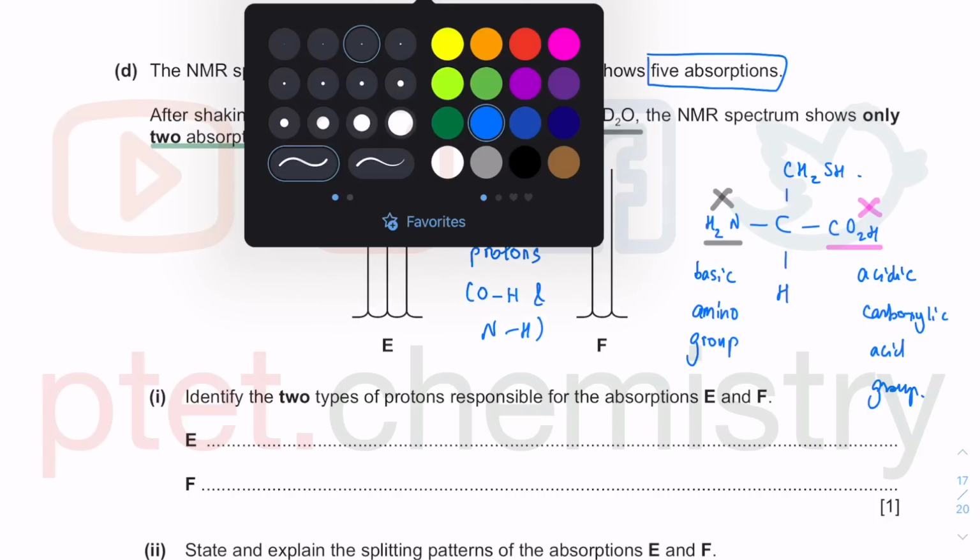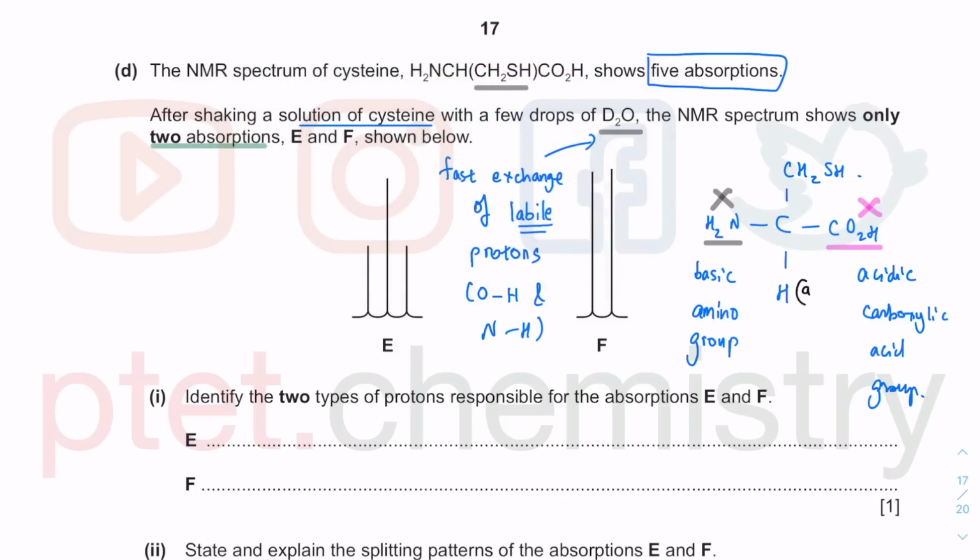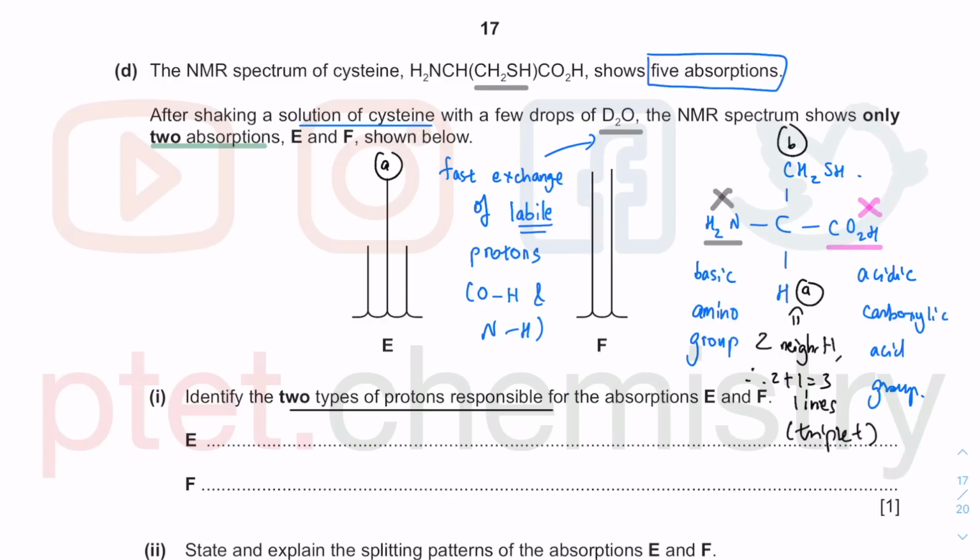If I have this, let's say, A and B, if I am at A, I will have 2 neighboring protons, so A will see a triplet because 2 neighboring protons, therefore 2 plus 1 equal to 3 lines, so that is your triplet. Identify 2 types of proton responsible. So looks like A has to be this distinct absorption E here, and F is a doublet.